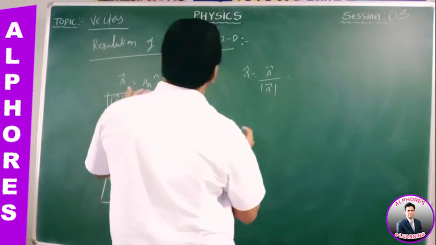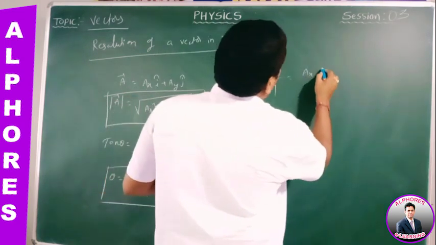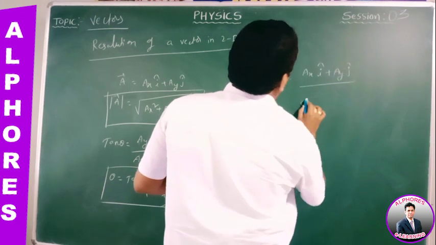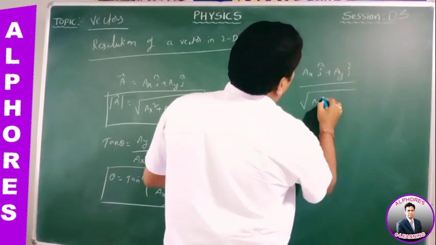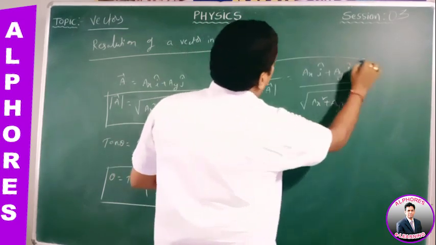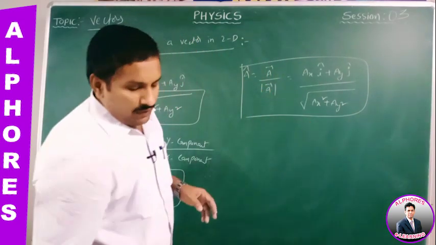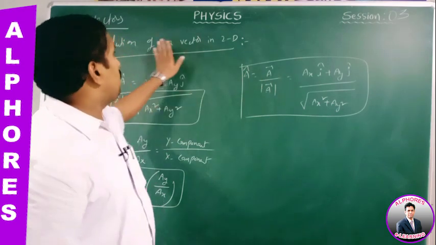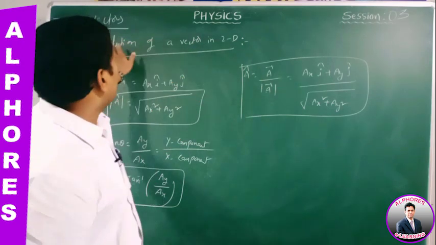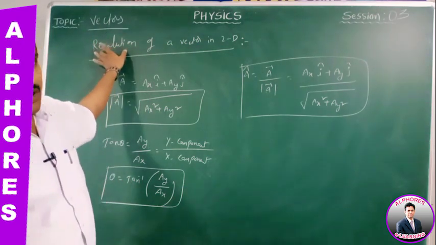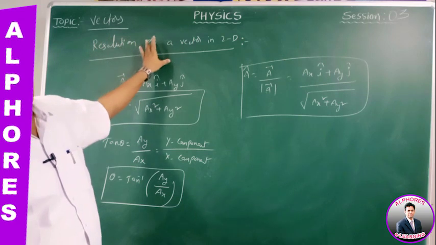Here a bar means the expression ax i cap plus ay into j cap, by under root of ax square plus ay square. So this is the generalized method to find the unit vector for a given vector a bar. So this is the total method of resolution of a vector in 2D. Resolution means division of a vector into two components: one is the x component along the x axis, another is the y component along the y axis.